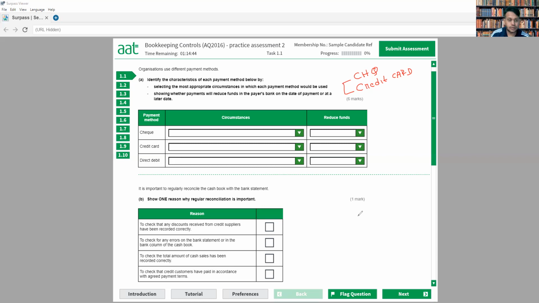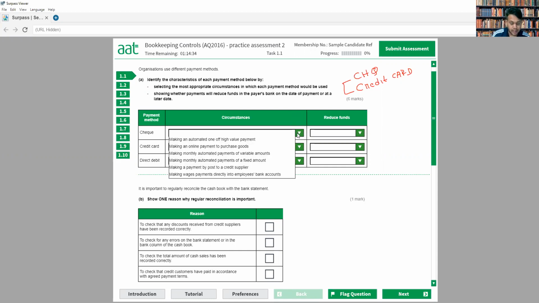The first one we have is check, and we already said if there is a check, the payment will be reduced later on. So from the comments, we have to find the most suitable use when we use a check as a payment method. Remember, only if we need to post something to the supplier.